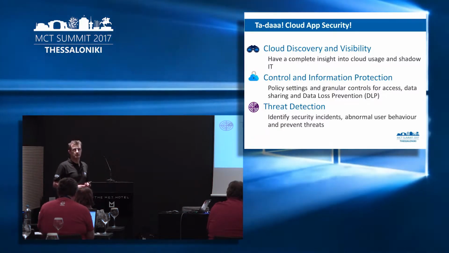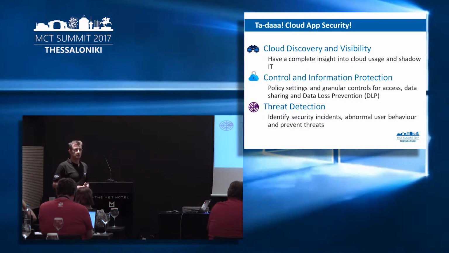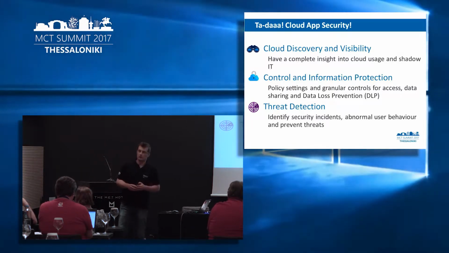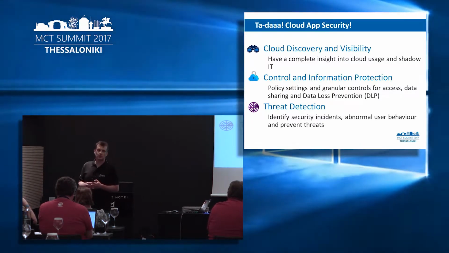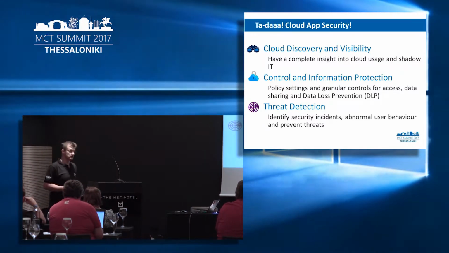And the other way is that vendors such as Salesforce and Dropbox or any of these 13,000 applications have APIs through which you can control and pull the data into the Cloud App Security.